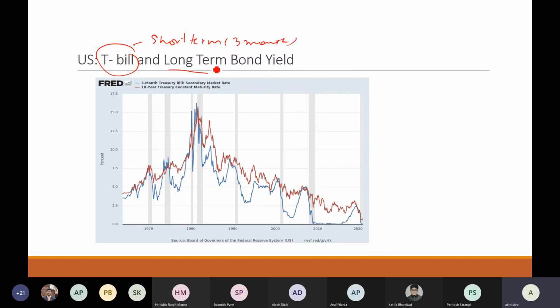You can see here it is mentioned, and long-term means 10-year. So you can easily see how these two are different. So this blue one is representing your short term. This is your short term, and this is your long term.